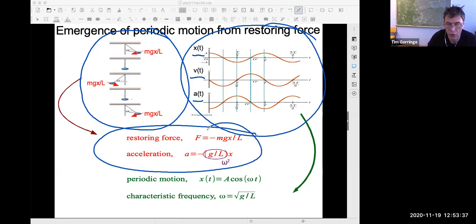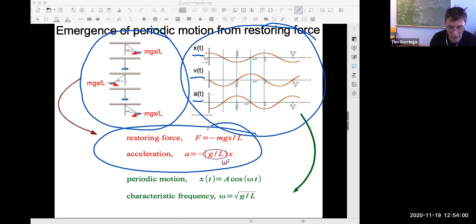Like we did for the mass spring system, we wrote down an equation for the acceleration, and we saw that the coefficient in that equation for the acceleration, which depended there on the spring constant and the object's mass, governs the characteristic frequency of the oscillations.